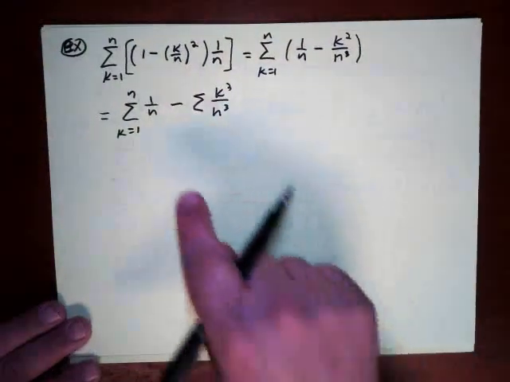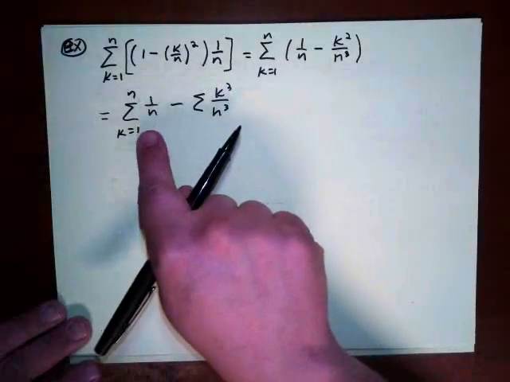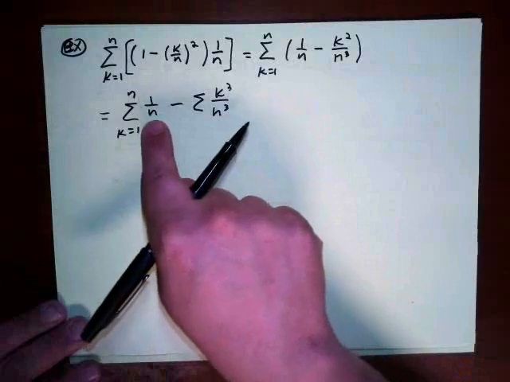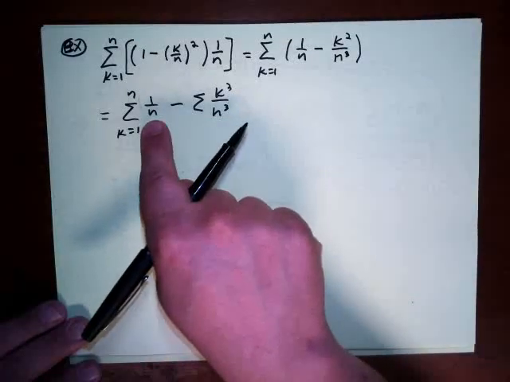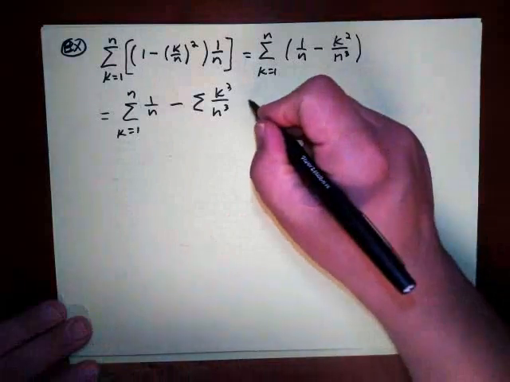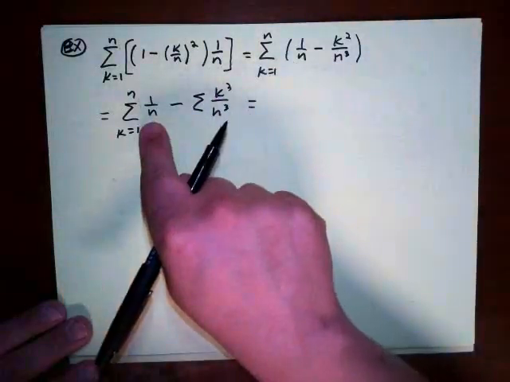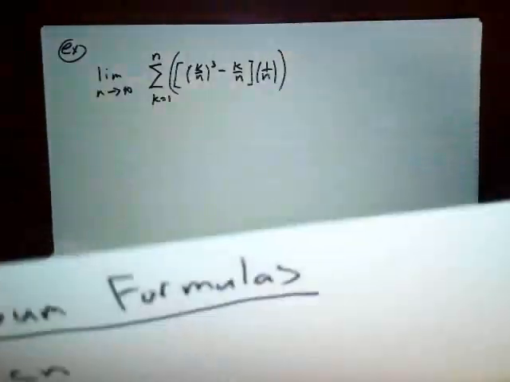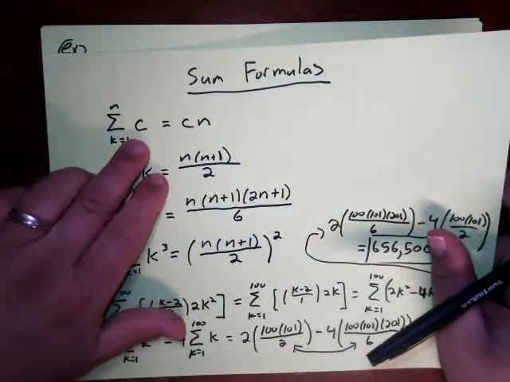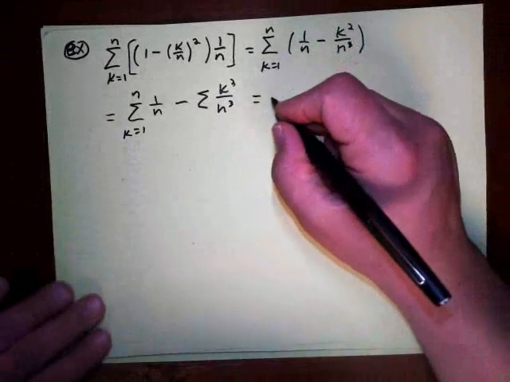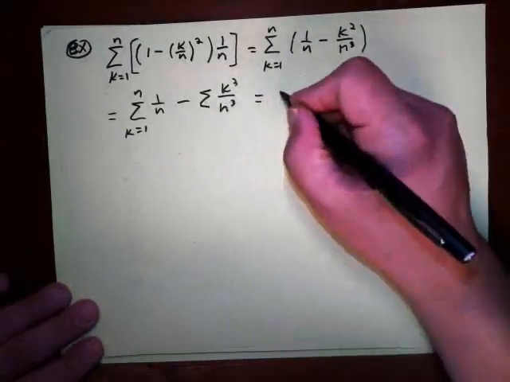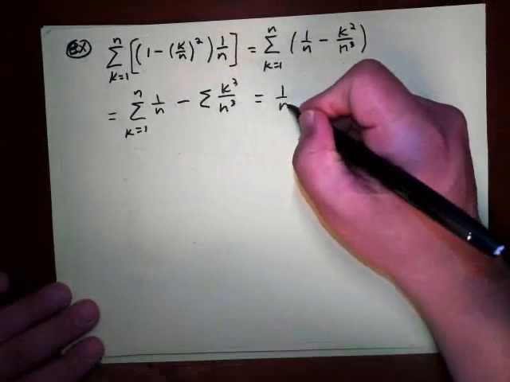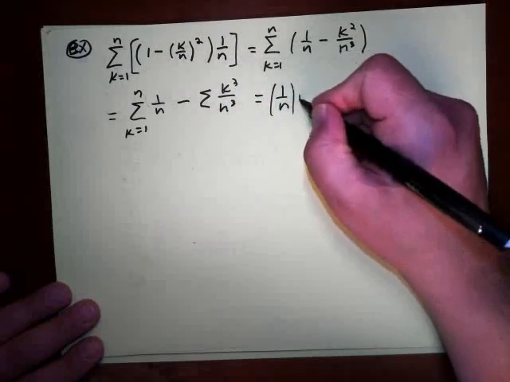Okay. So now this is a constant. The 1 over n we treat as a constant. Okay? And so what I can do is the constant multiple rule, which is just, for the sum of 1 over n, it's just the constant times n. So for this one, I would just get the constant, which is 1 over n, times n.